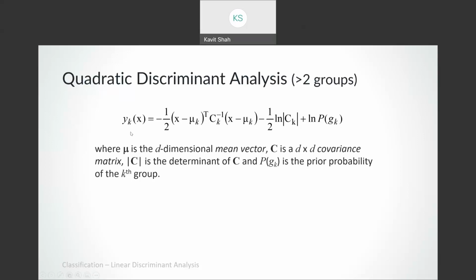We are computing that yk of x value for that particular class. So Ck is the covariance matrix for that particular class, right? Mu k is the mean value from all the data points in that particular class.